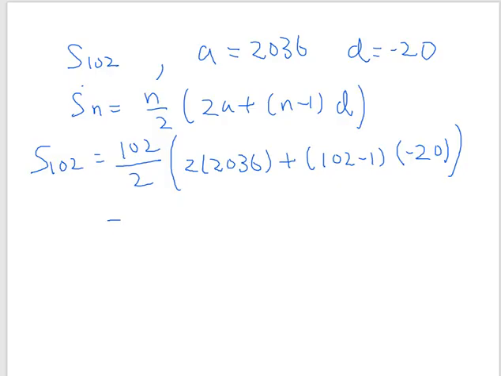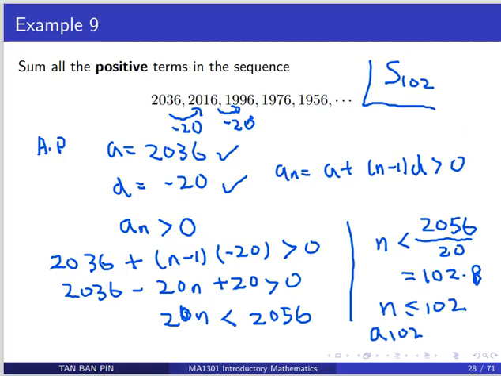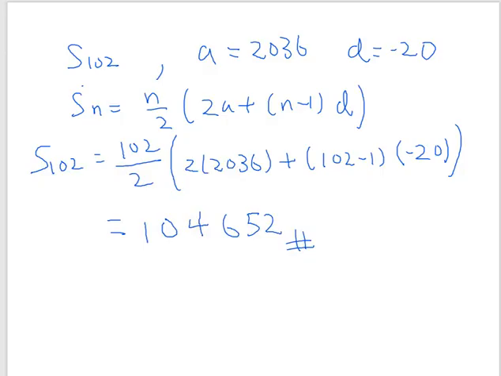So you can work this out. It will give you 104,652. So which means the sum of all the positive terms of this sequence, the final answer, should be 104,652.